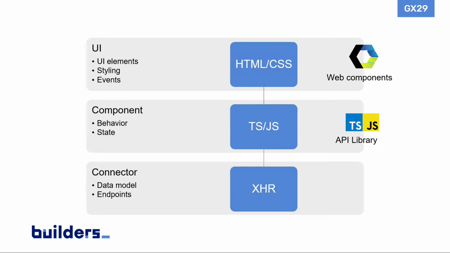But how do we implement them in these new generators we are building? The user interface layer uses the components we have developed, and in code behind and behavior, we have the API, our library that has standard functions.